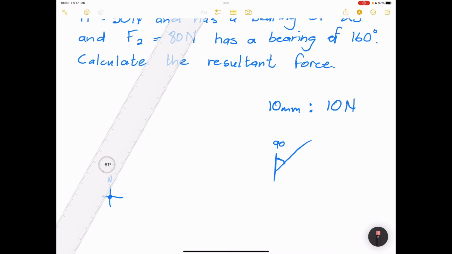All right, so I'm going to take it 65 degrees. I drew my north line there. So that would be 65 over there. Okay, there's my 65. I said we should draw. In this case, remember that it was 50 newtons, so I'm going to draw 5 centimeters from there.